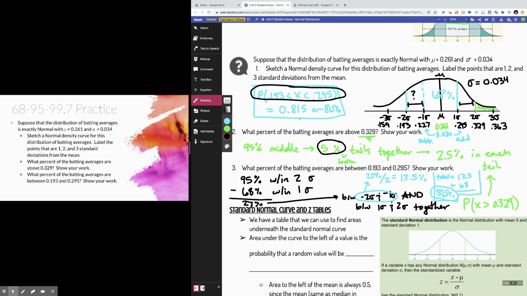Unless you use that probability notation and you tell us that that's exactly what you're trying to find. Rather than having to write out that the probability of batting averages being between 0.193 and 0.295 is, and then giving your answer, you can just write it in that math notation, and it's much simpler, much shorter. And the AP readers will know exactly what you mean.